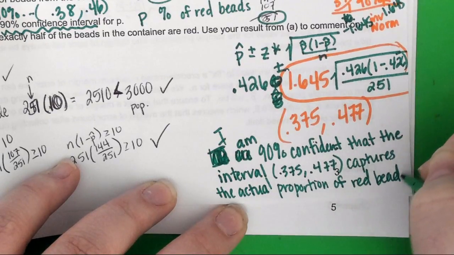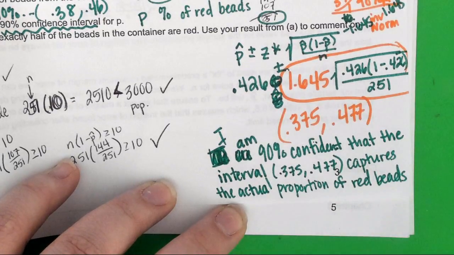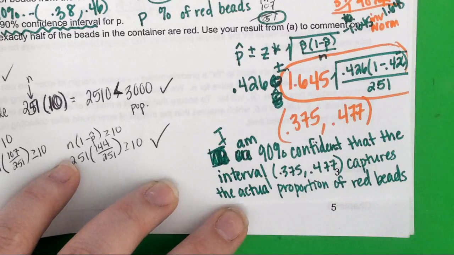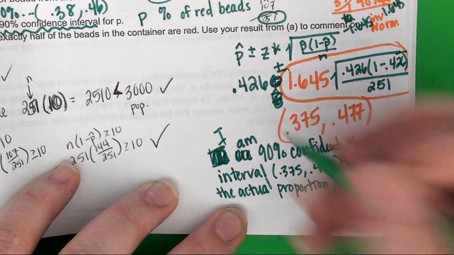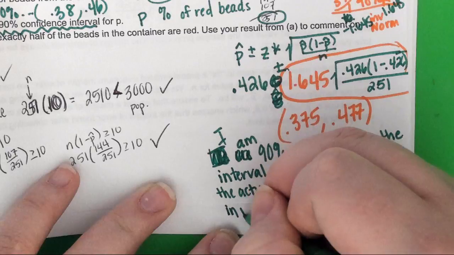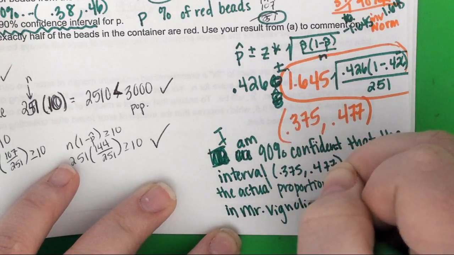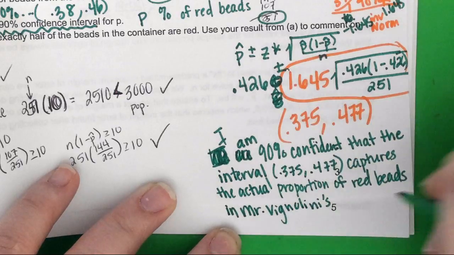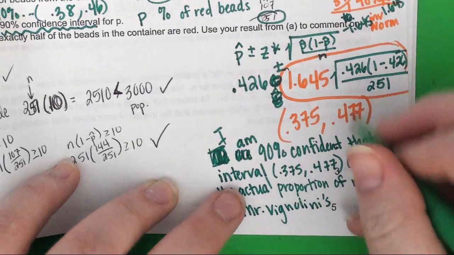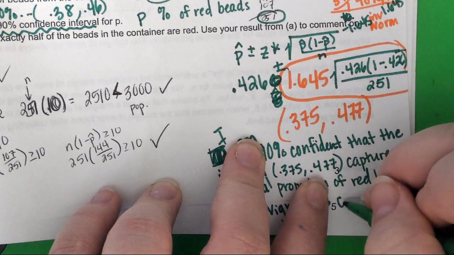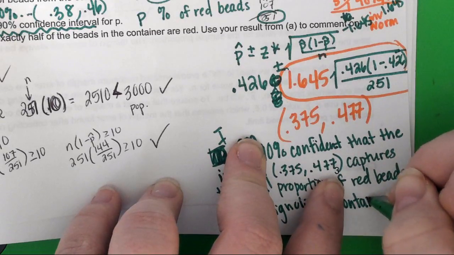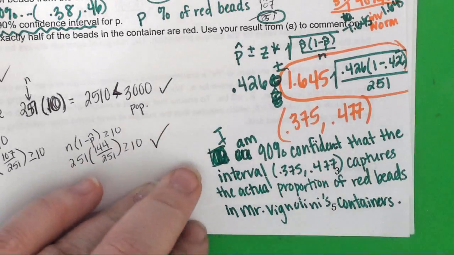And then we could be really smart and super reference the STEM. So not just red beads in the world, specifically in this dude's class, so in Mr. Vignolini's containers. Up to you.